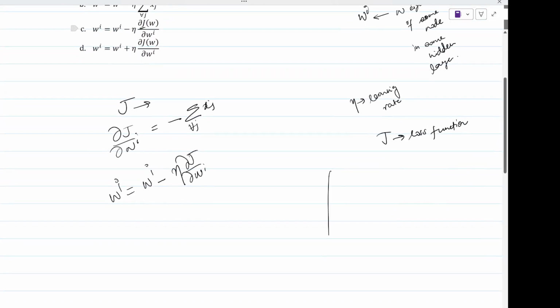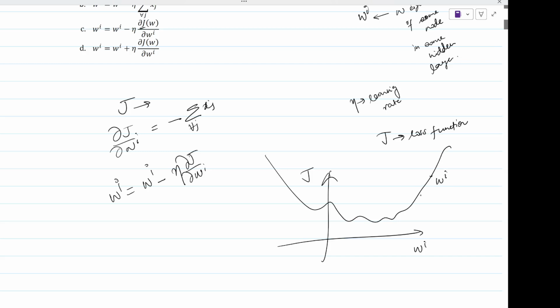If this is your wi, this is your cost function, and it varies like this, then at wi the partial derivative del J by del wi will give you the slope, and you want to take a step in the negative direction of the gradient.